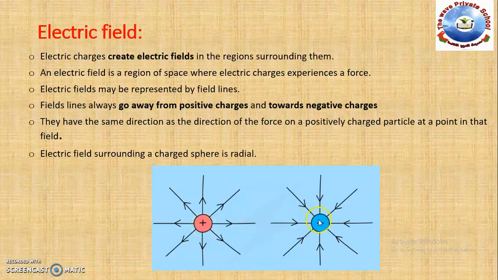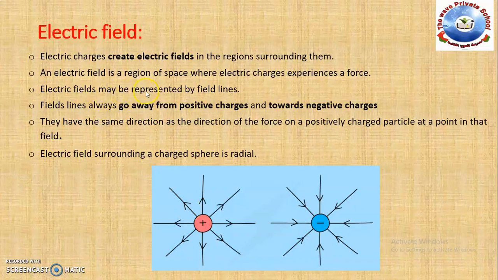This is a positive charge and this is a negative charge. So these two charges create a force in their region, and this force in the region is called electric field. As you can see, if this charge experiences a force in its surrounding area, then this force is called electric field.